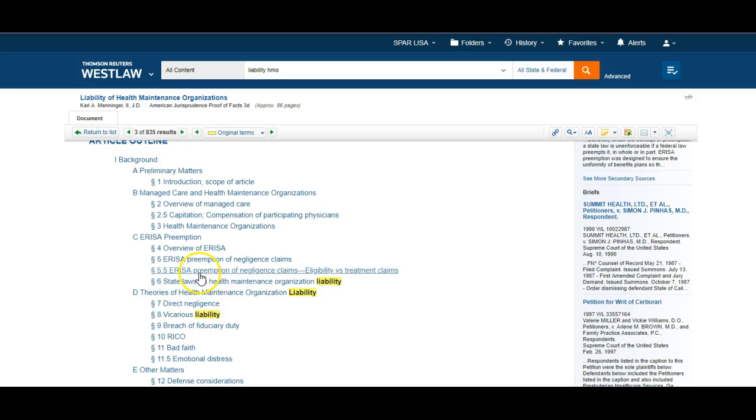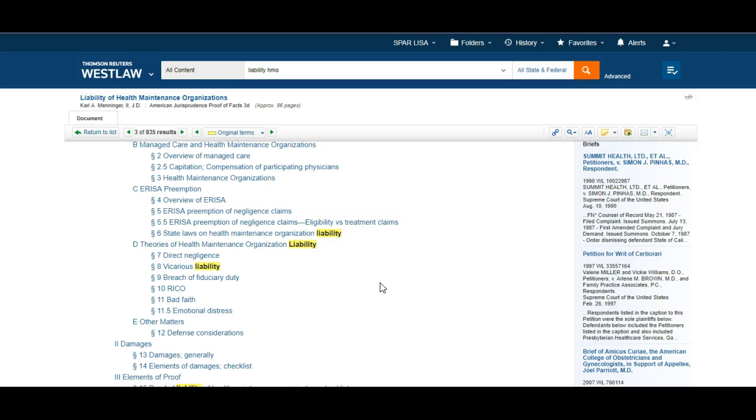So we saw some of these explanations, and again, this goes into far more depth than an encyclopedia. So here's a preemption of negligence claims, eligibility versus treatment claims. So again, that could be useful, but again, we have the secondary source aspect of explanation.